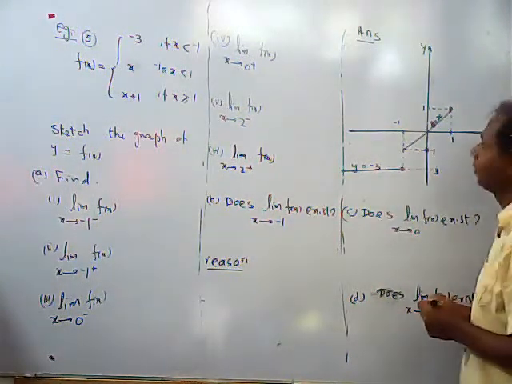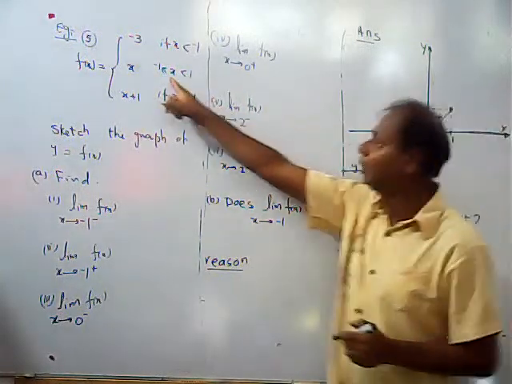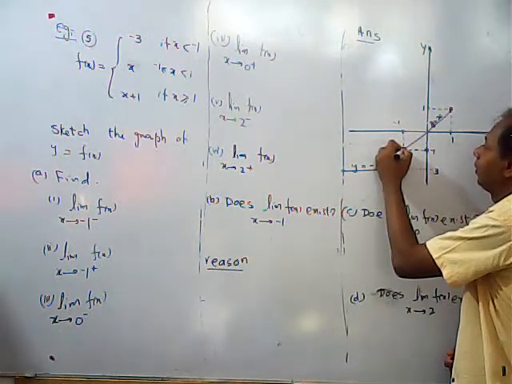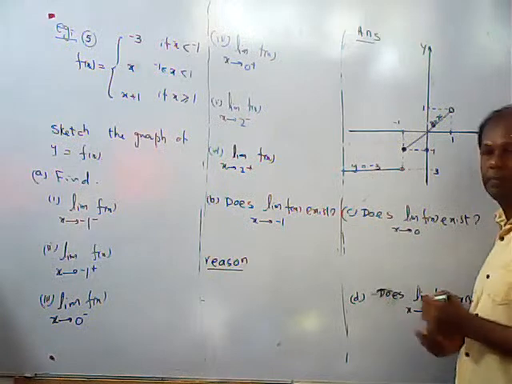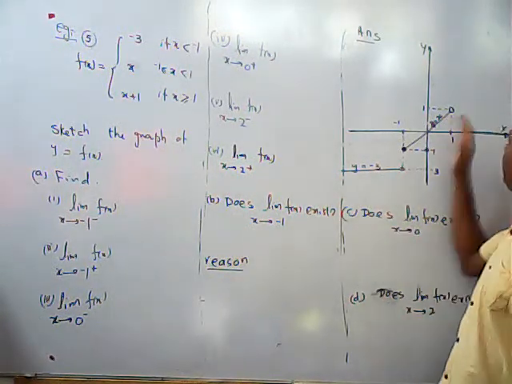Y equals x passes through the origin. Here the left end is included, so we will color it, but not the right end. We use an empty circle there. Okay?